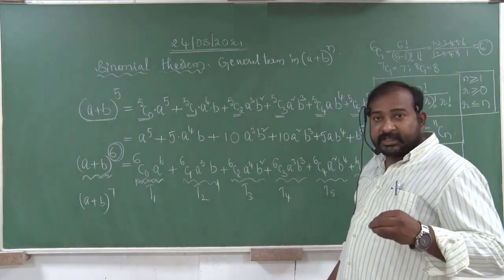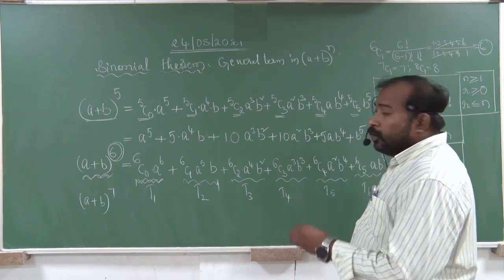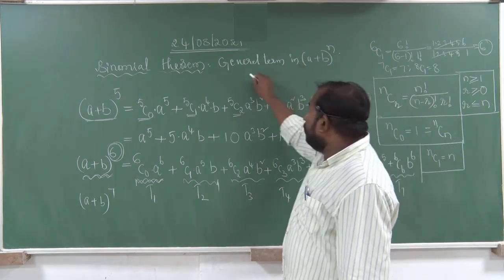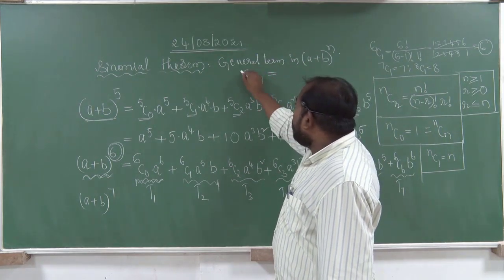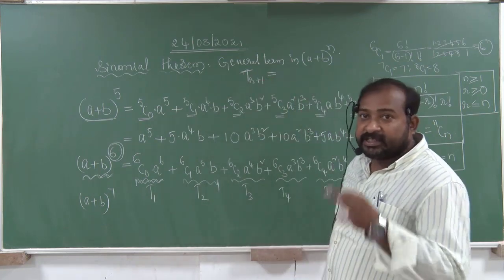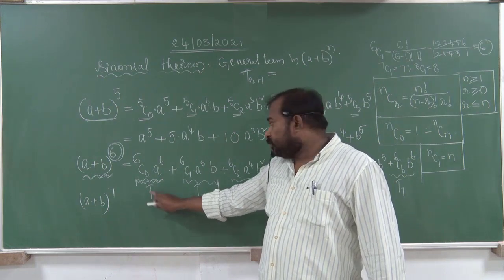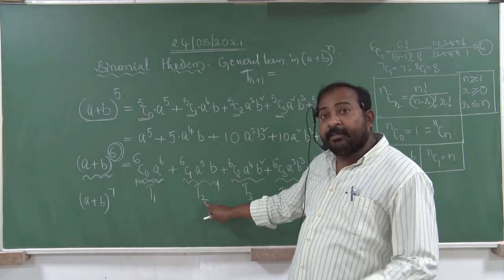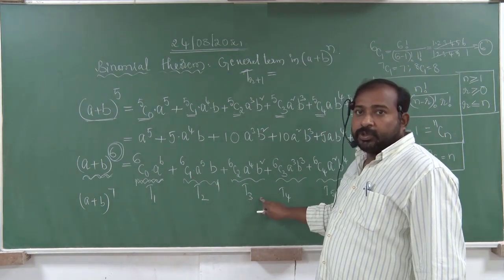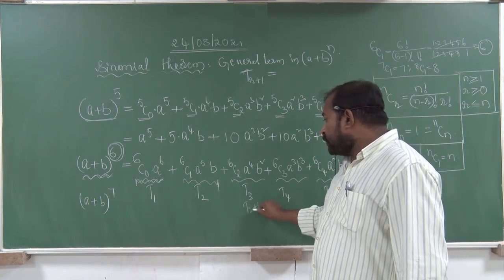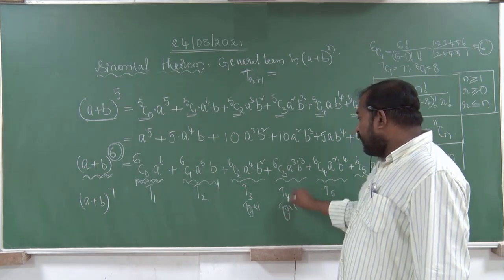In this, T(r plus 1) is named as the general term. So T1 is T(0 plus 1), where 0 is there. T2 is T(1 plus 1), where 1 is there. T3 means T(2 plus 1), where 2 is there. T4 means T(3 plus 1), where 3 is there.